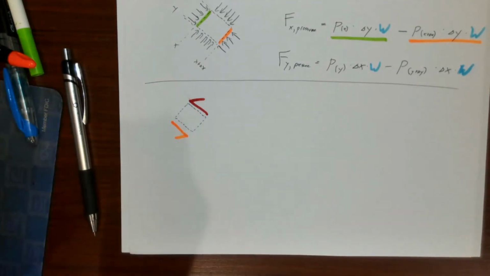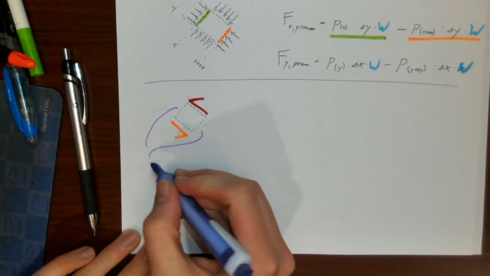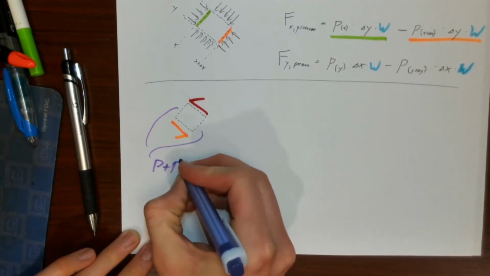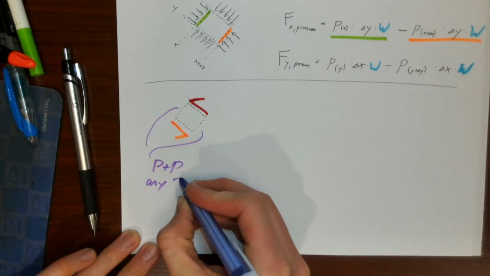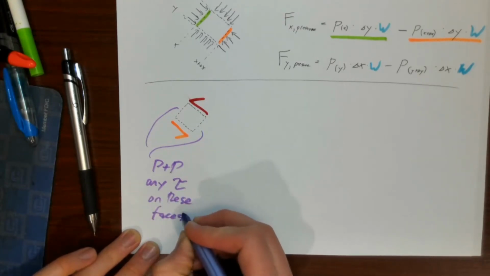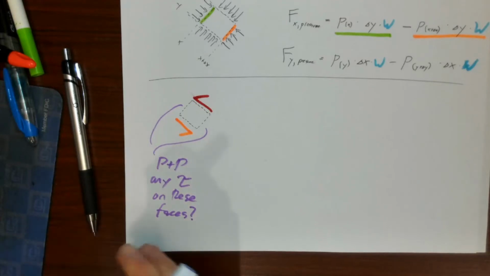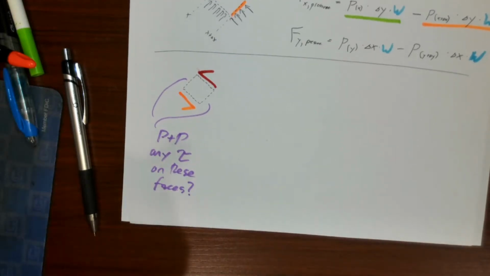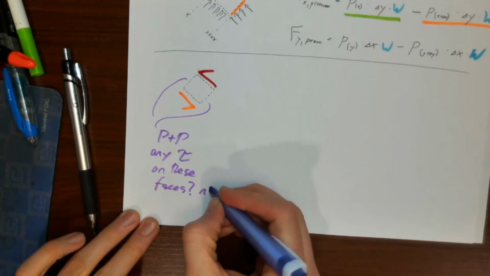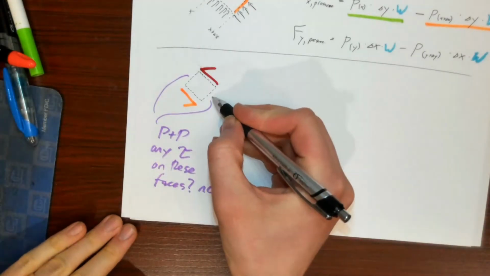Pause and ponder now. Do we have any shear stress on these faces? So take a moment, pause and ponder. Well, the answer for these faces is no. In order for us to have shear stress on these faces, we would need velocity gradients in this direction.